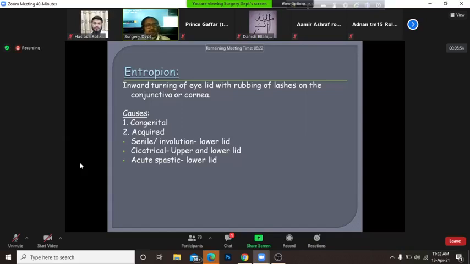What are the causes? Congenital and acquired. Acquired: senile involution of the lower lid, cicatricial of upper and lower lid, and acute spastic of the lower lid. Senile means due to the aging process, old age. Involutional means loss of muscle strength, usually in the lower lid. Cicatricial means due to contraction, for example from a chemical burn or any burn. Acute spastic entropion is due to acute spasm of the lower lid, which occurs in many diseases.